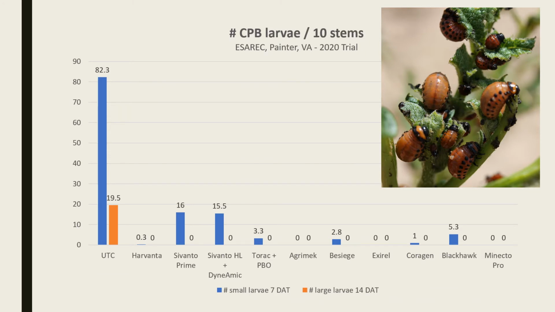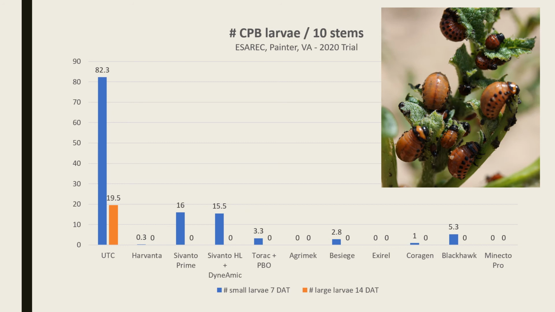And in 2020, we tested all of these different types of foliar insecticides: Harvanta, Savanto Prime, Savanto HL plus Dyne-Amic as a surfactant, Torac with a PBO, Agrimec, Besiege, Exirel, Coragen, Black Hawk, and Minecto Pro.